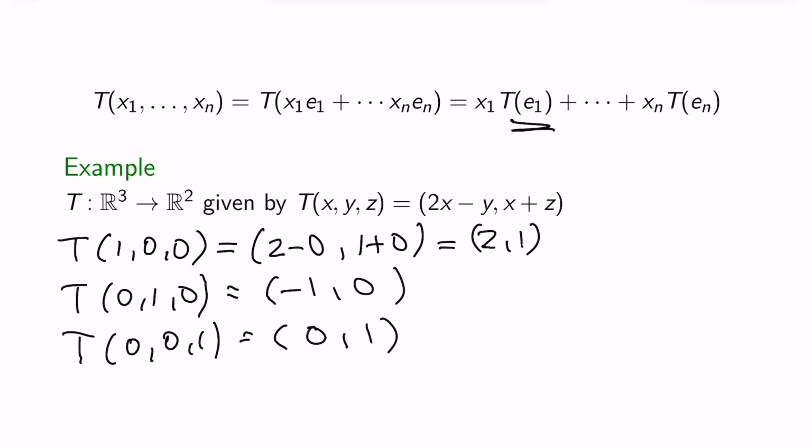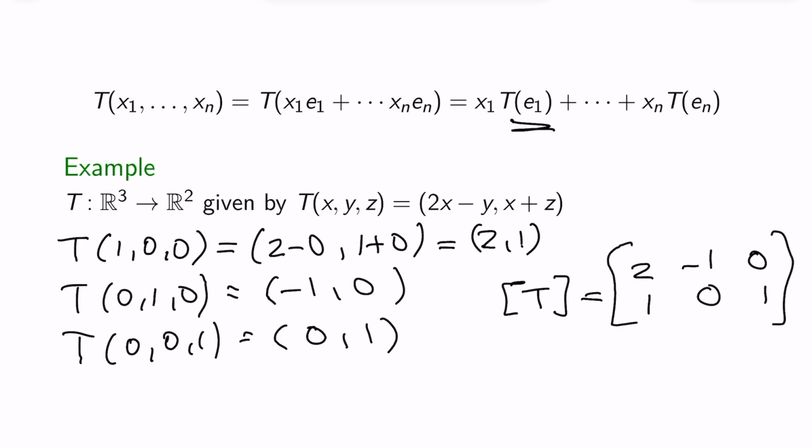Once we have these three vectors, these are going to be just the columns of the transformation. So the associated matrix to T is going to be 2, 1, minus 1, 0, and 0, 1. This is the matrix, putting each of these as columns.